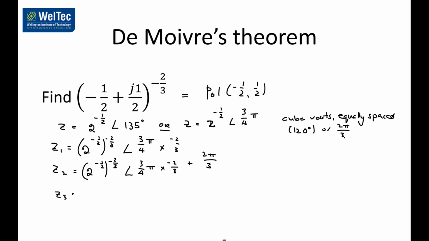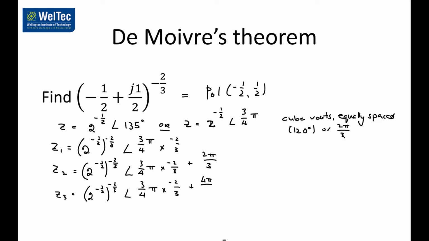And the third root will be the same length, and this time it'll be yet another 120 degrees, or 2 pi by 3 round, which would be 4 pi by 3 added on.